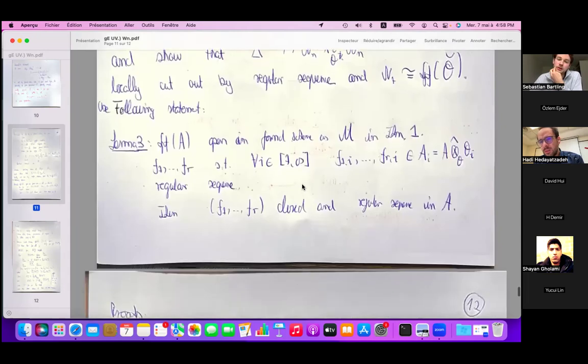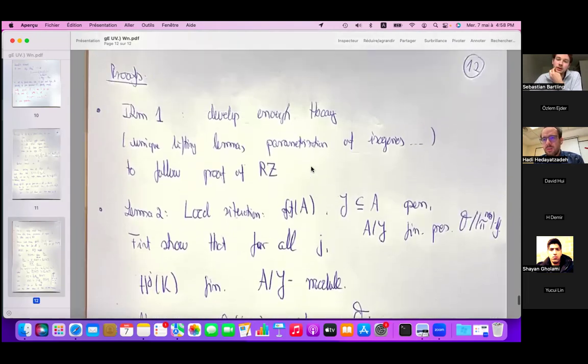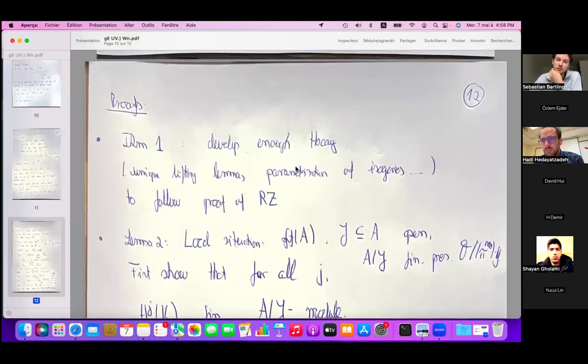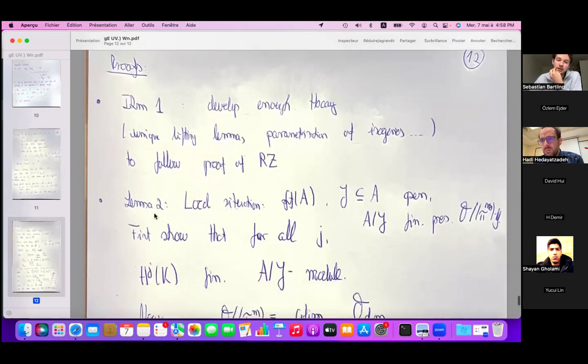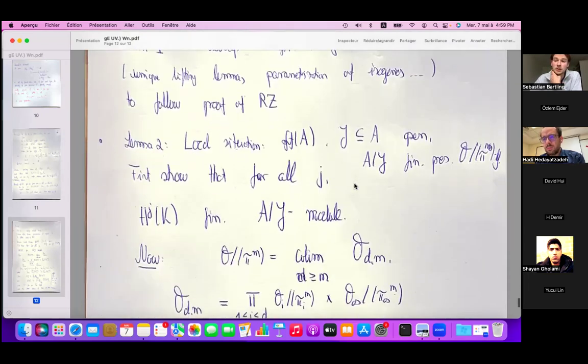Yeah, we use it. Okay, so here I can say something about proofs. This representability result, once you have enough theory for these BTOs, with a little bit of work, you can rerun the arguments of Rapoport-Zink. That's how we do this here.